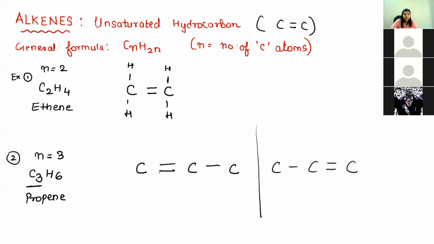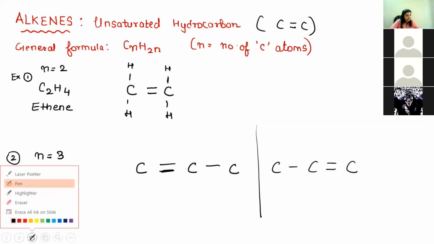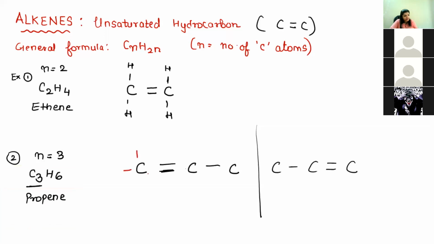So when we talk about propene, propene has 2 possibilities. Either put the double bond over here or put it over here. It is your choice. Either you can put the double bond between first and second carbon from the left hand side, or you put it from the right hand side, counting that carbon as first. And then writing, since it already has 2 bonds, so 2 hydrogens.